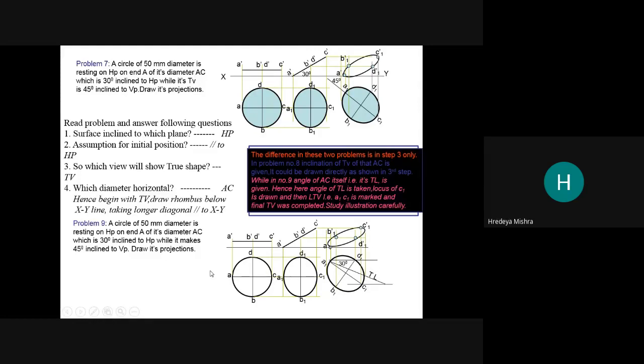So very little difference is there. Note the difference in the construction of the third step in both solutions. Till the second step there is no difference, but the only difference is in the third step.